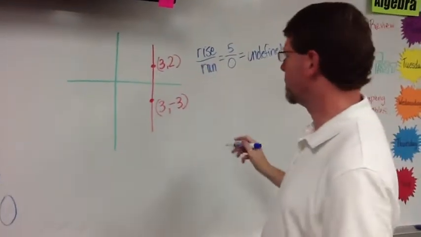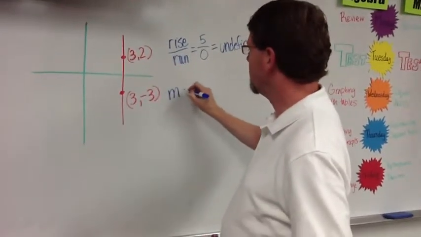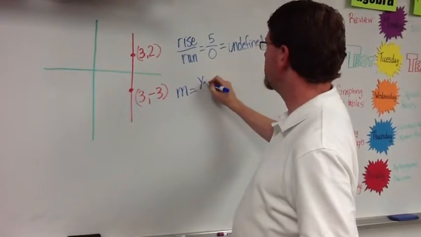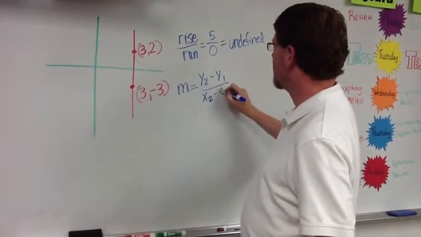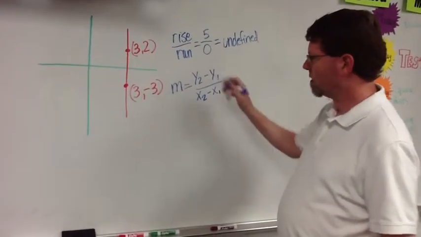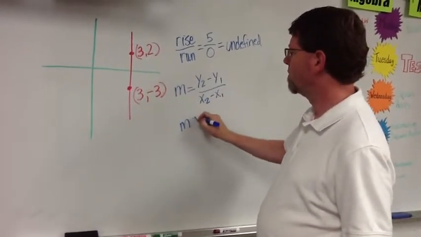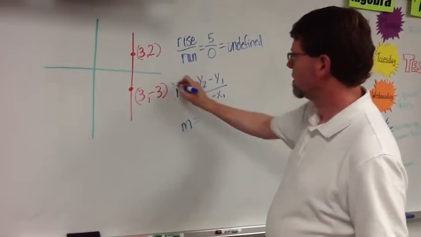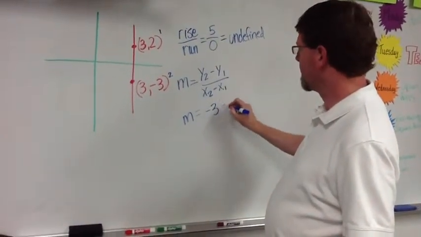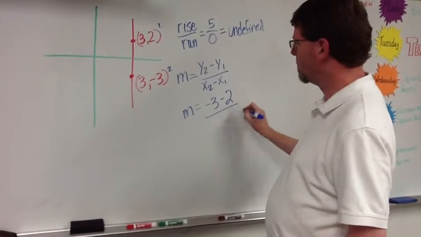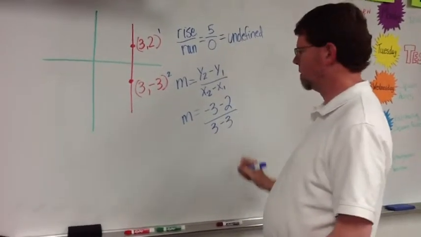Now let's look at it with our formula just in case. M equals y2 minus y1 over x2 minus x1. So let's plug in the numbers. M equals -3 minus 2 over 3 minus 3.